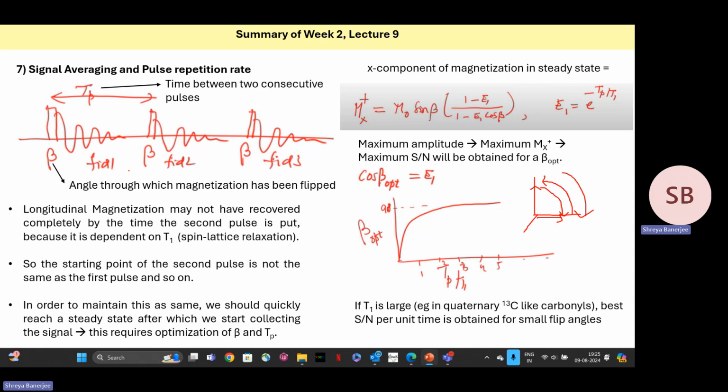Basically we are collecting multiple scans, so we want the initial point of each scan to be the same. Because suppose there are 3 FIDs, we will sum up these FIDs and take the average. So we need the initial point of each FID to be the same.